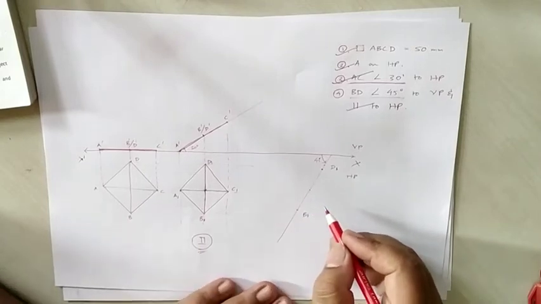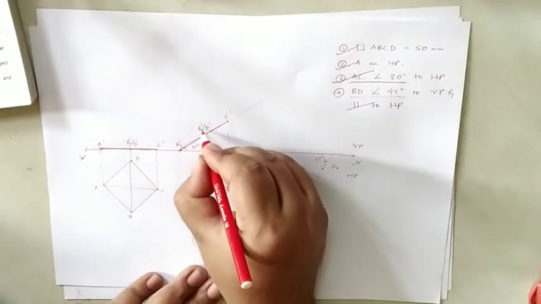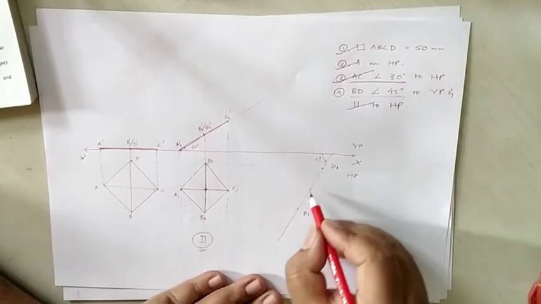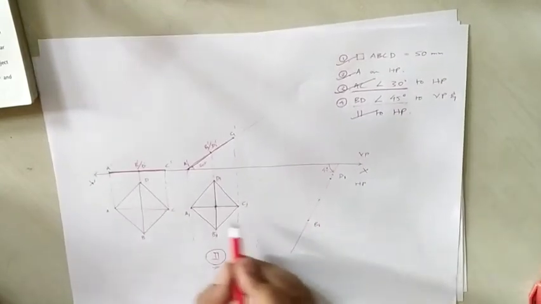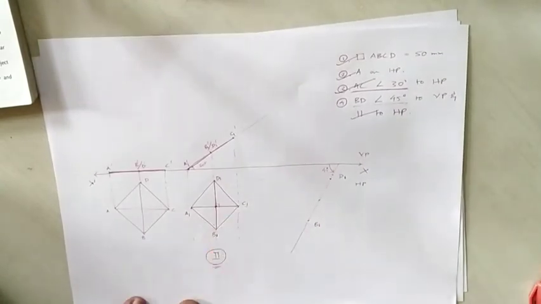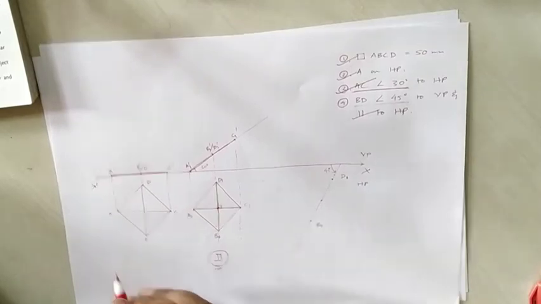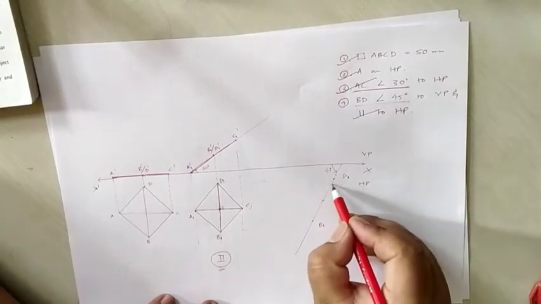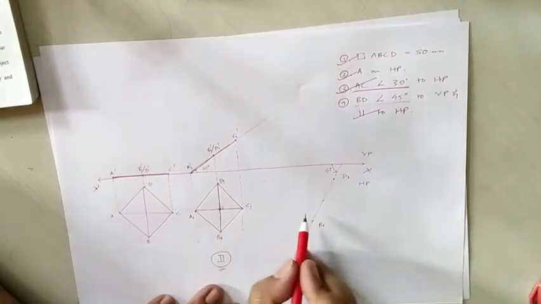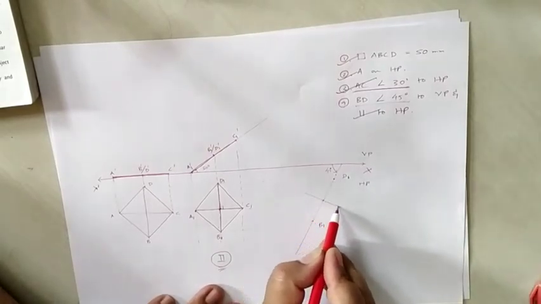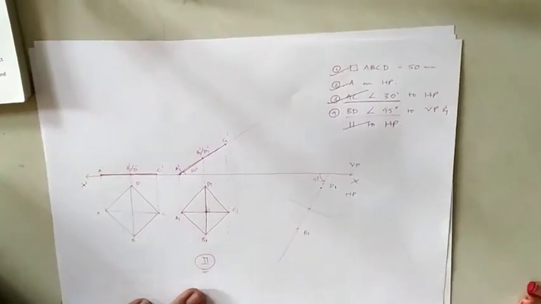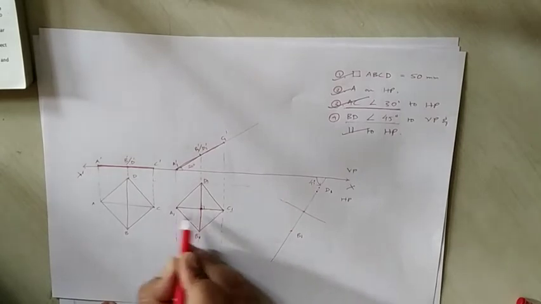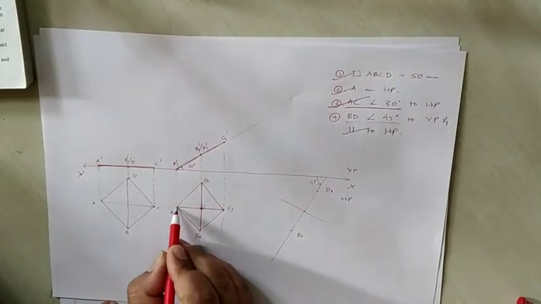Okay. Now what happens? From this point, see, these two lines are at 90 degree to each other. These two diagonals. Diagonals of a square always intersect at 90 degree. So here also, from this line, you take a line which is at 90 degree to this line. And then you take this distance from the center to C1. It will be same as from center to A1.